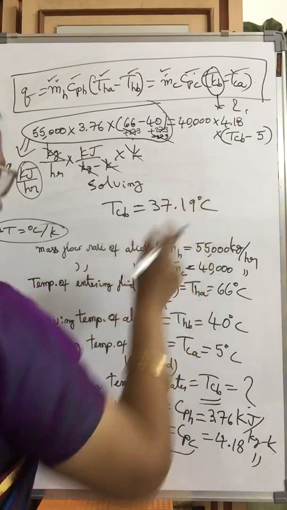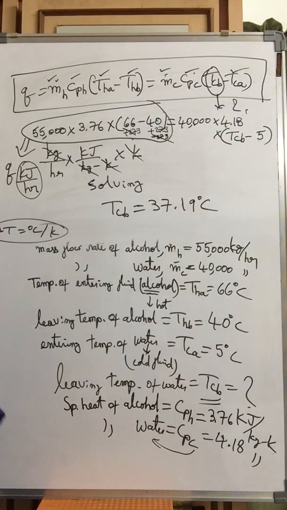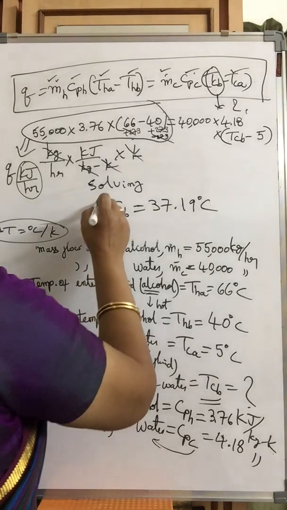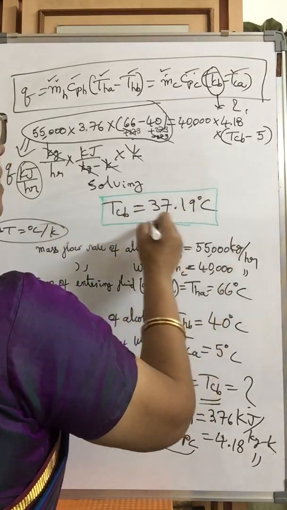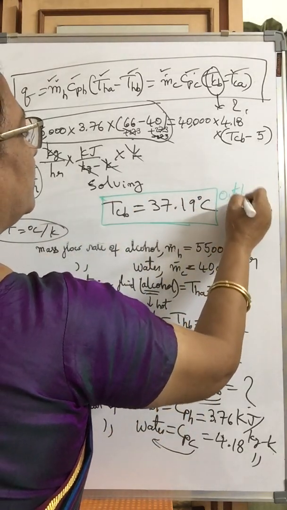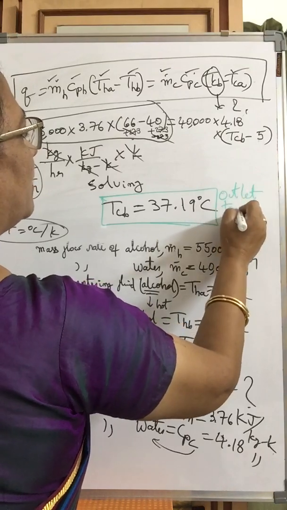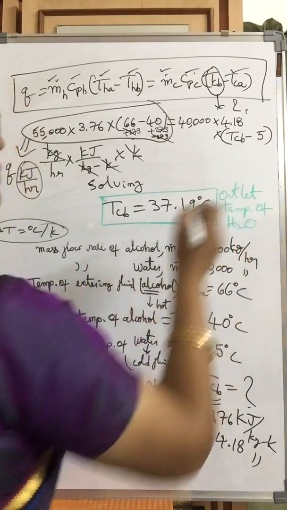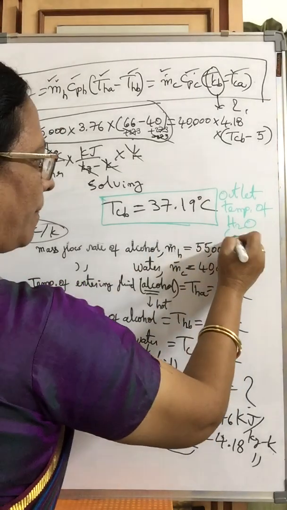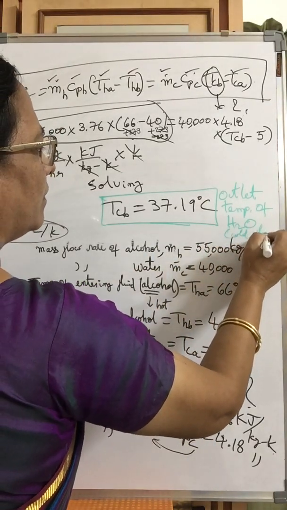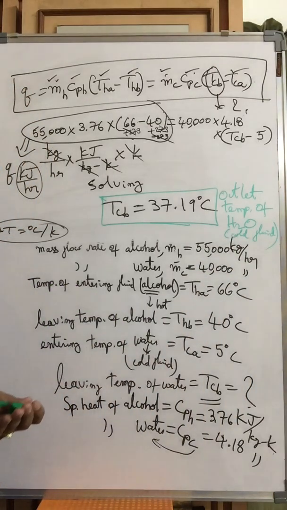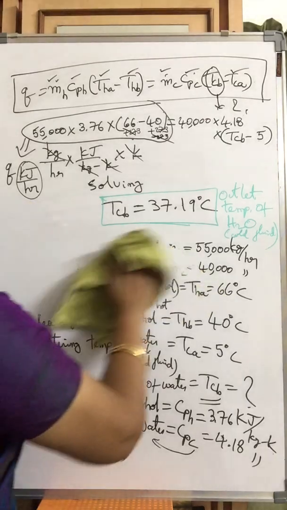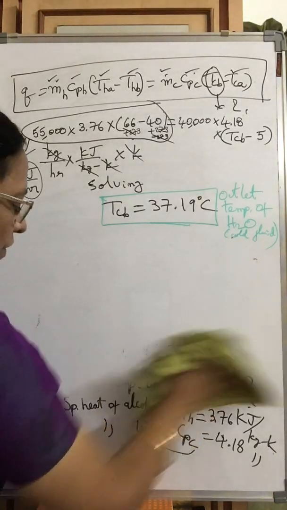This is the outlet temperature of water, the cold fluid. So by writing the energy balance equation, we calculated the outlet temperature of water.